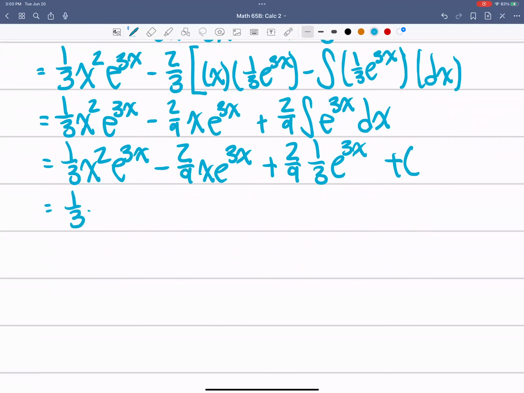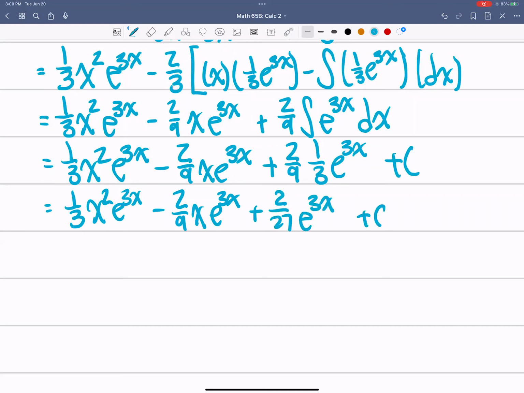That gives 1 over 3 x squared e to the 3x minus 2 over 9 x e to the 3x plus 2 over 27 e to the 3x plus c.